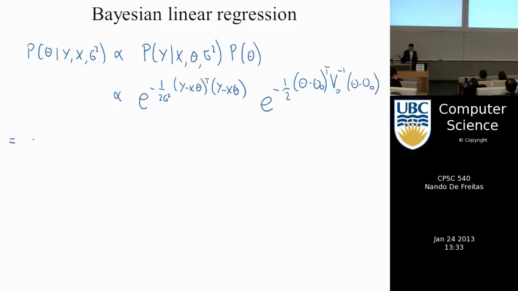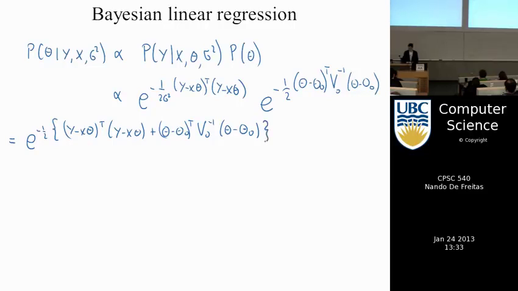So I'm going to rewrite this as e to the minus a half. And of course, if I have e to the a times e to the b, that's just e to the a plus b. So I'm going to combine the two terms in the exponent. And so I have (y minus x theta) transpose (y minus x theta) plus (theta minus theta naught) transpose v naught. And let me know if I make any mistakes, because I typically make mistakes when I do this derivation, because there's lots of indices.